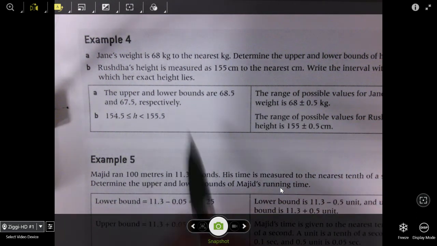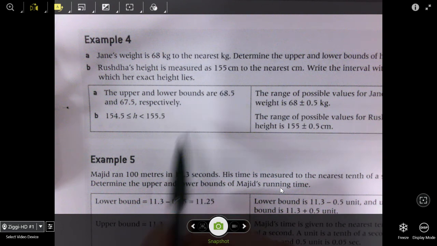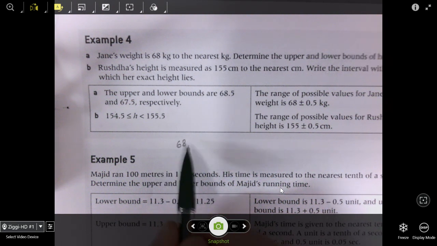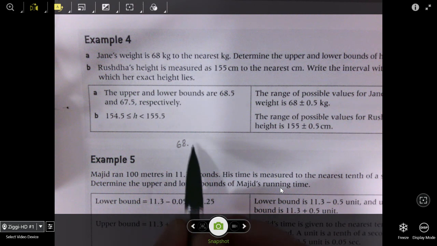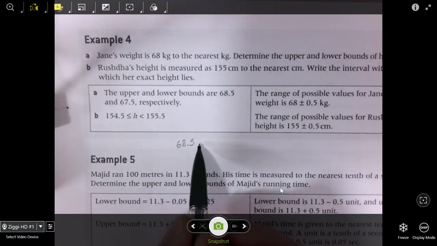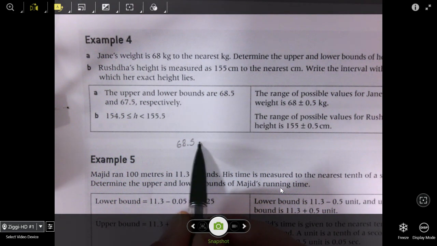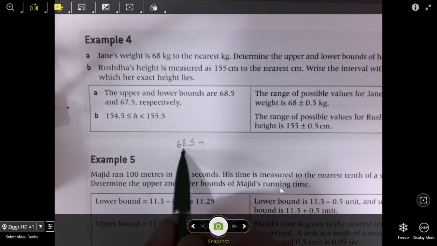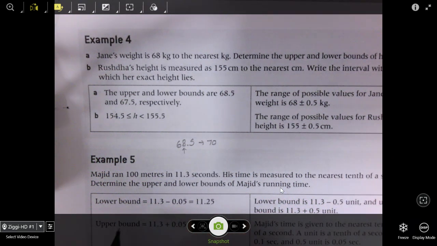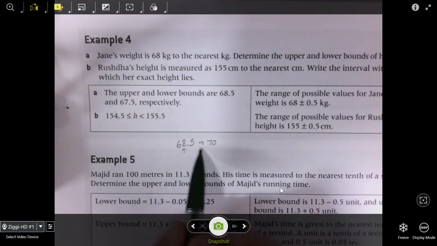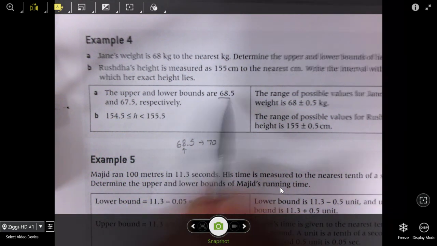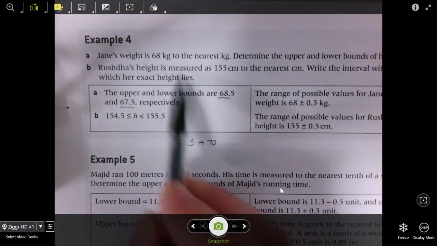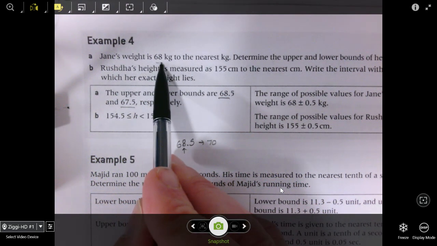But basically, if you think about our rounding, for instance, let's say we have a number that's 68.5. Okay, if we're rounding to the whole number or to 2 sig figs, that's going to round up to 70. Okay, and so what they're talking about with these ranges is if Jane's weight is 68, determine the upper and lower bounds.